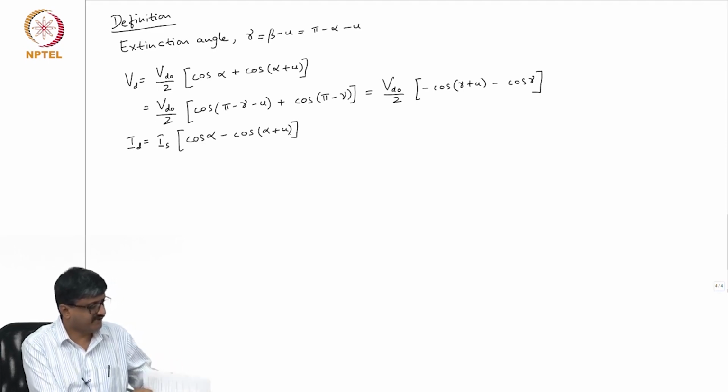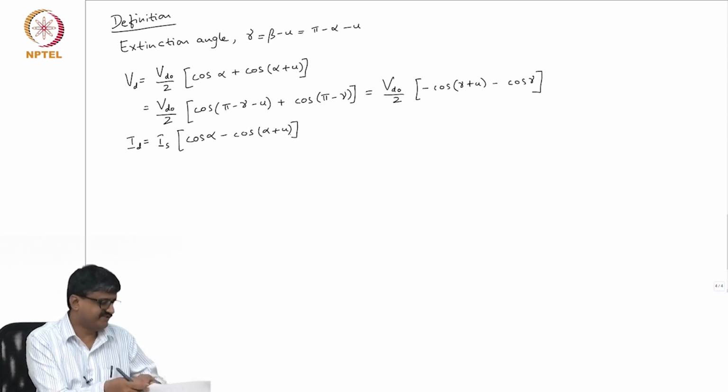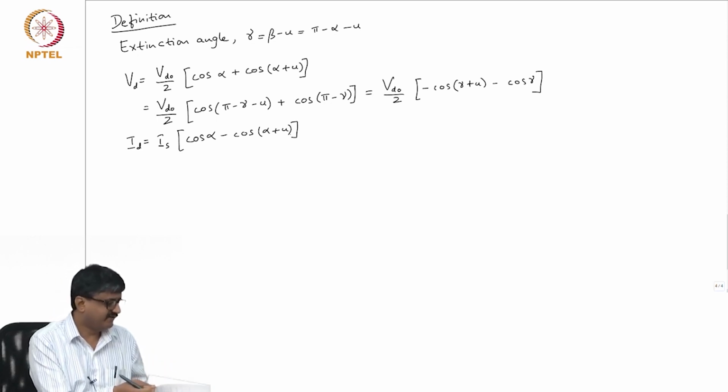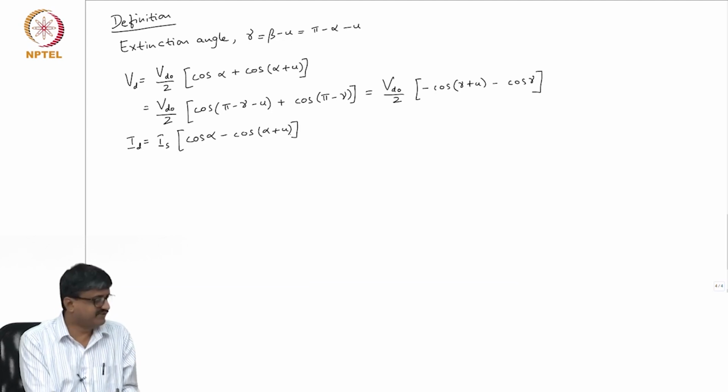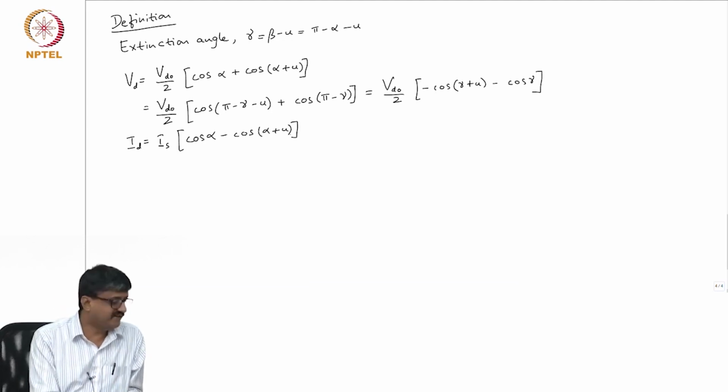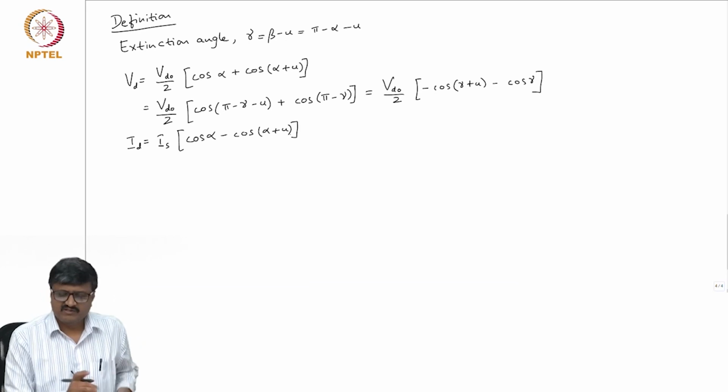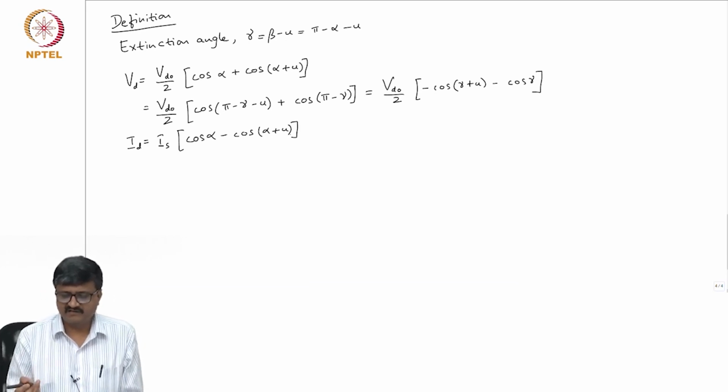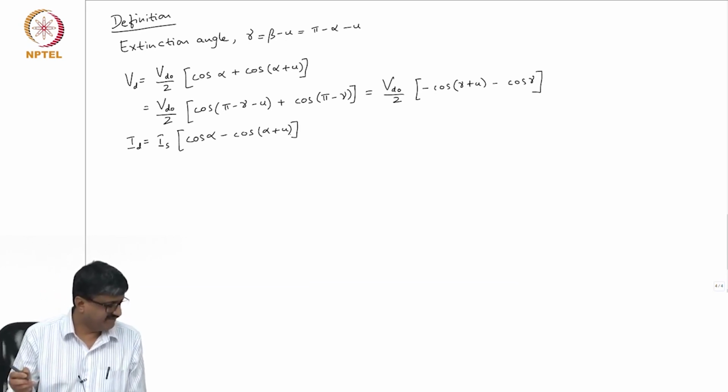If you analyze the first subinterval, using the expressions you can relate Id, Is, alpha and u. So, this can be written in terms of gamma and u. Instead of alpha I can write it in terms of gamma.